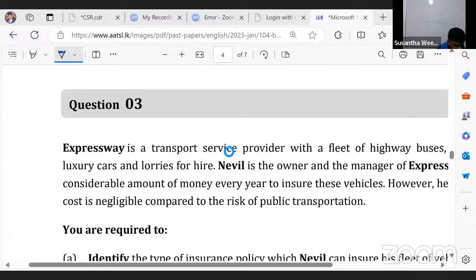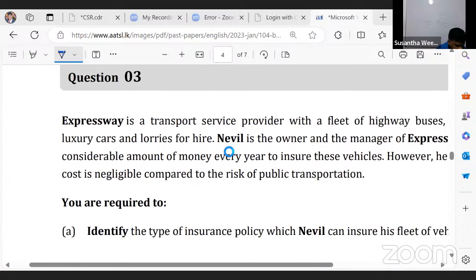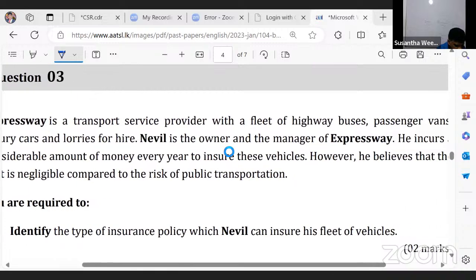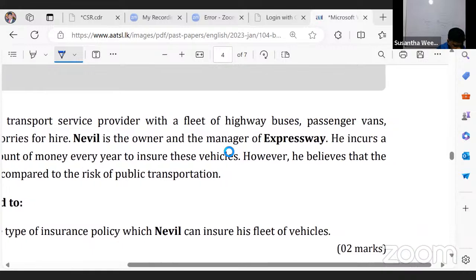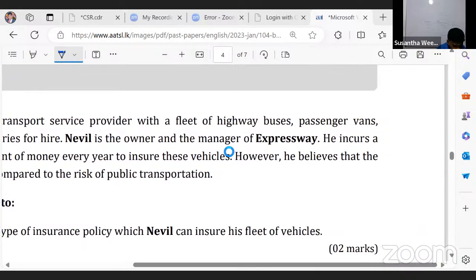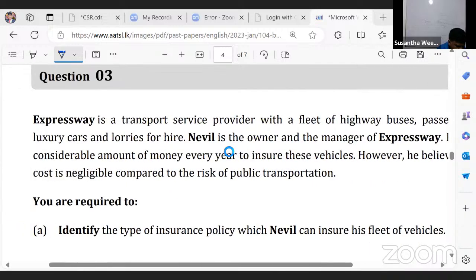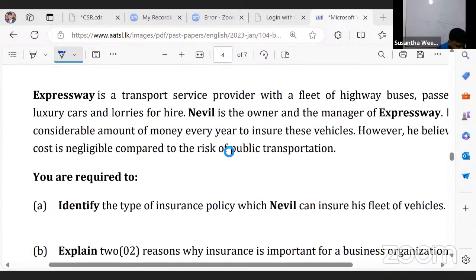He incurs a considerable amount of money every year to insure these vehicles. However, he believes that the cost is negligible compared to the risk of public transportation, right?